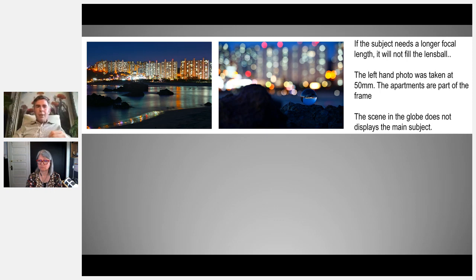So here on the left-hand side, a photograph taken at 50mm, which isn't that long in terms of focal distance, but it's already long enough to mean that inside the ball, which is relatively small, the main subject is minuscule. It's far too small for it to be a nice image.